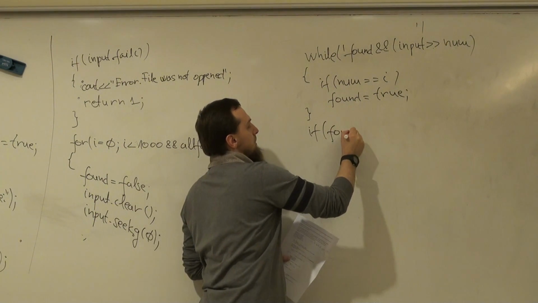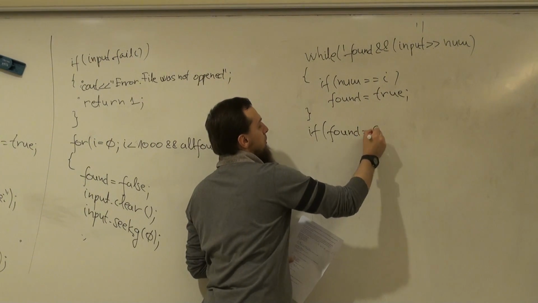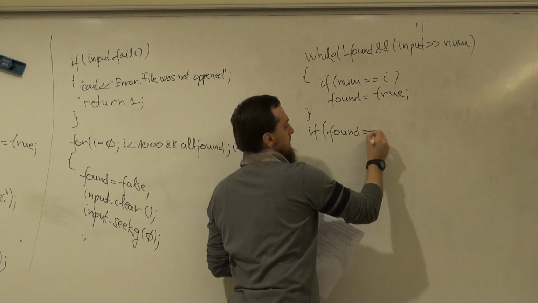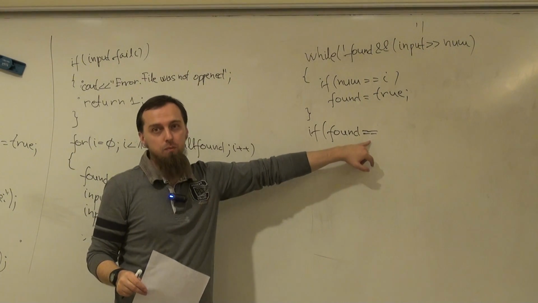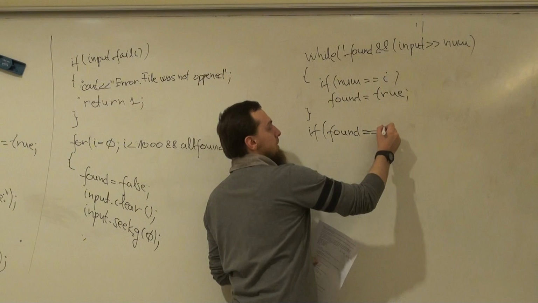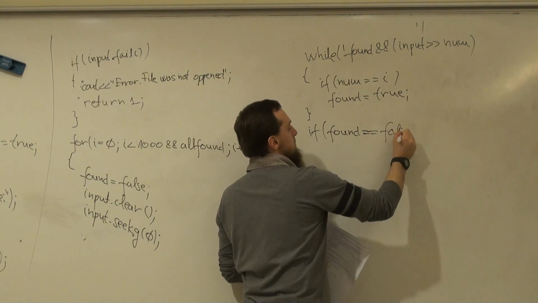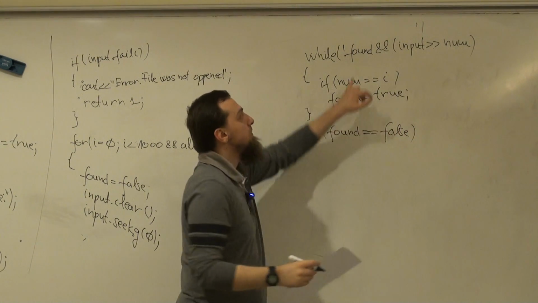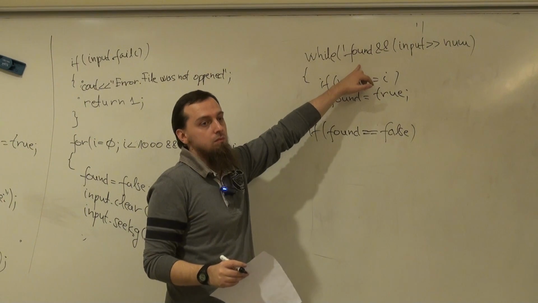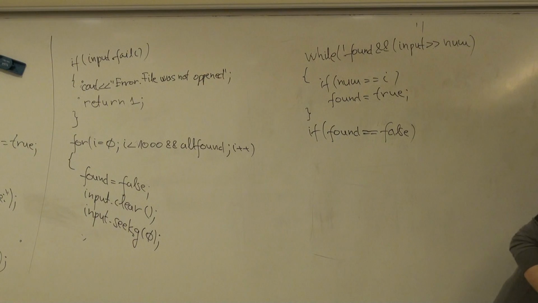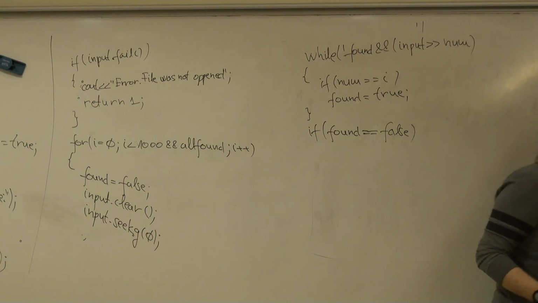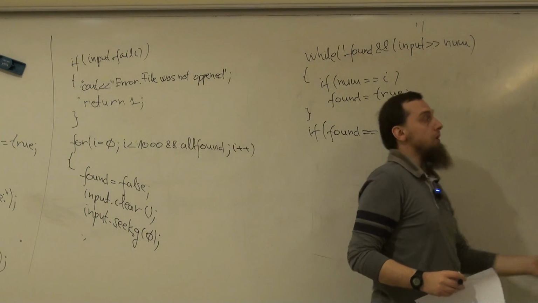if found is equal to false. I'm asking. Pay attention to equal, equal, okay? Often you make mistakes here. So if found is equal to false, meaning if I didn't find the number, then what? If this is false, I came to the end here, I didn't find 19, for instance, then all found is going to be also false.